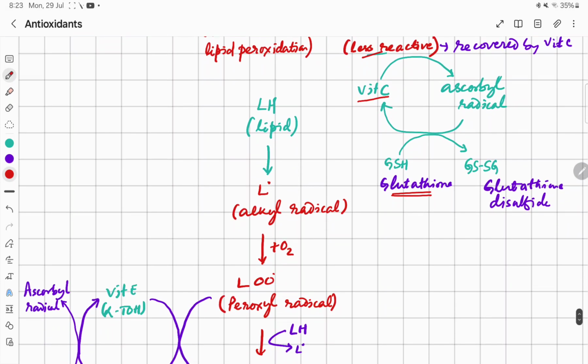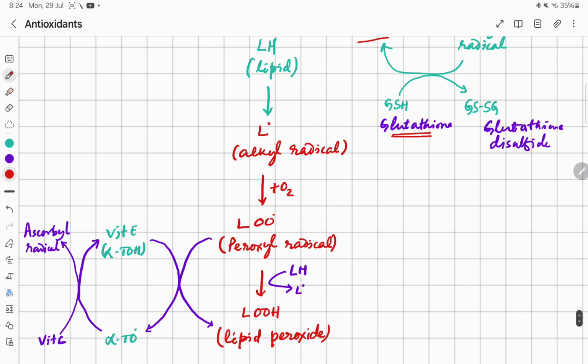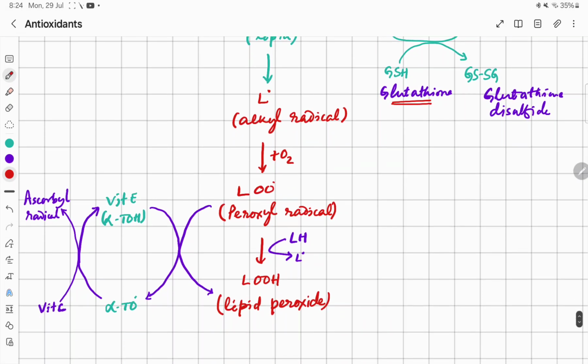So you can see that lipid initially is converted to the alkyl radical, then in presence of oxygen is converted to peroxyl radical. Here the role of vitamin E comes.